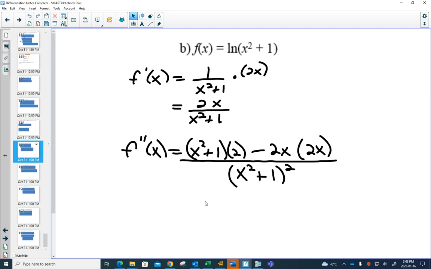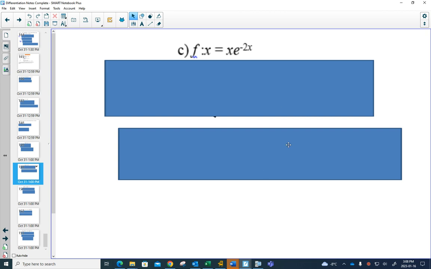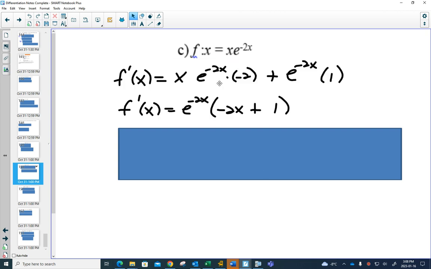Okay, let's look at the next one. There is a product rule here when finding your first derivative. And in that product rule, the second one has a chain rule because the negative 2x is inside e to the x. So we keep one the same, derivative of the second, then keep the second the same. I noticed that there was an e to the minus 2x in both of them, and I factored it out.